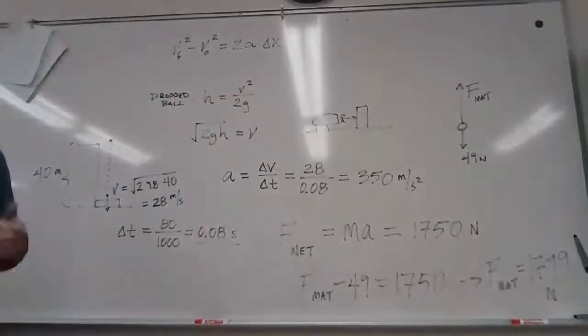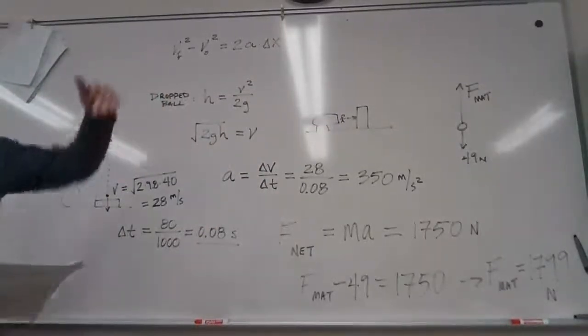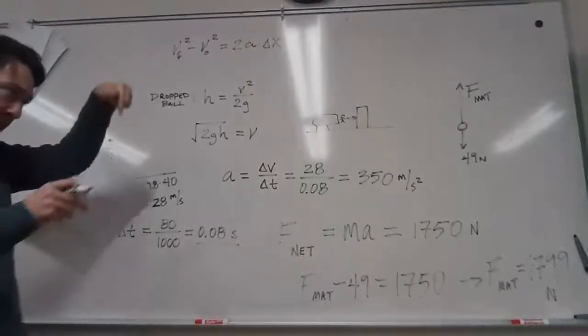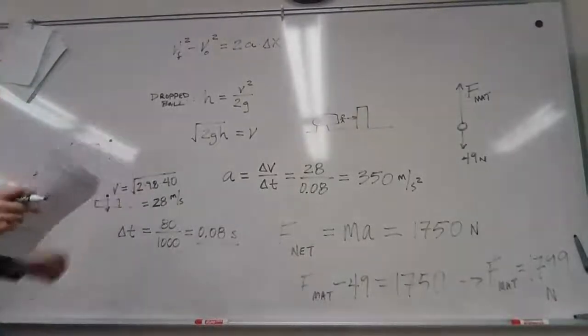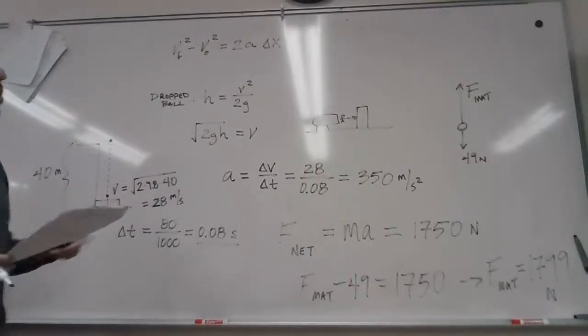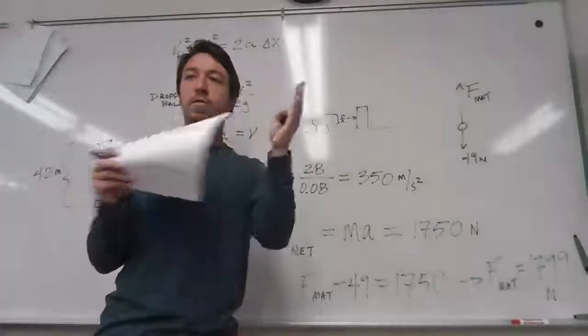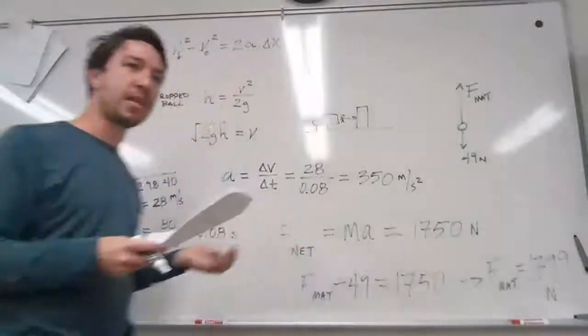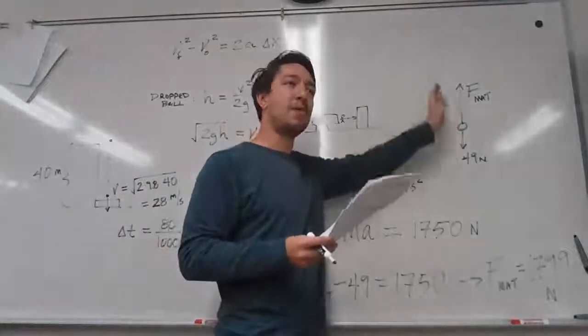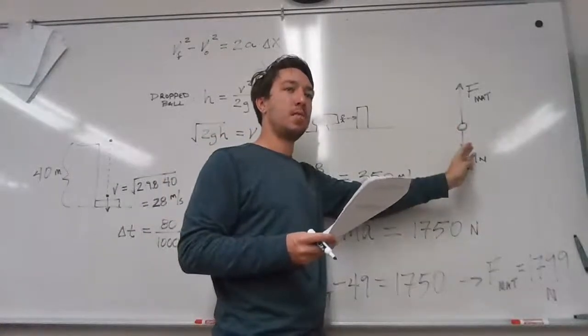Now I'm saying you can ignore gravity because the gravity vector points down. Technically, if you want to be really precise, would you have to account for that vector? Yeah, but we're going to shoot him out of the cannon pretty fast, so we're really just concerned with the horizontal forces here. So this problem is actually going to be slightly easier because you're not going to have to think about two opposing forces.